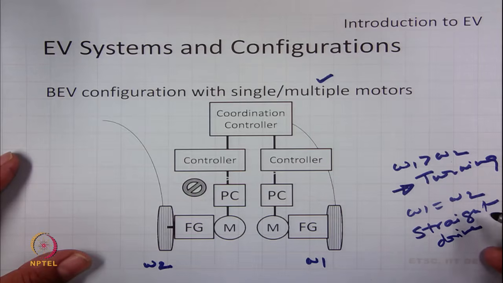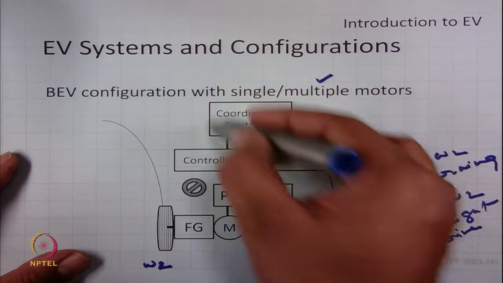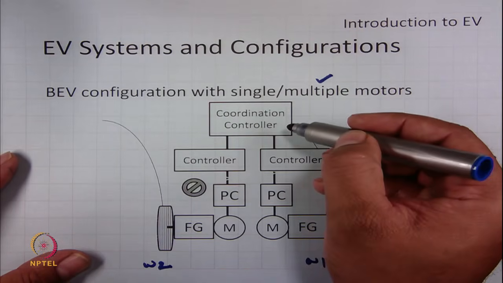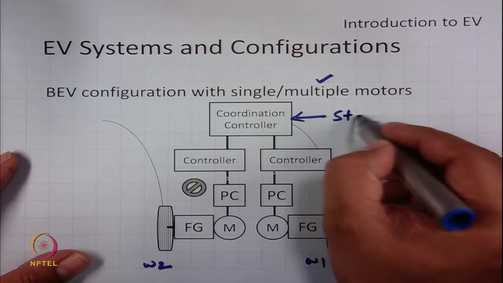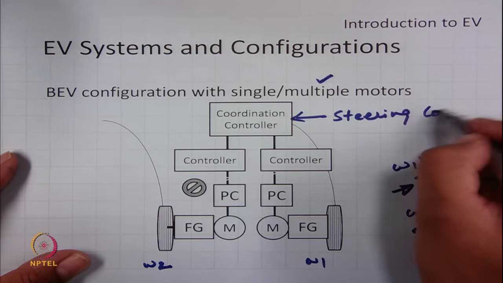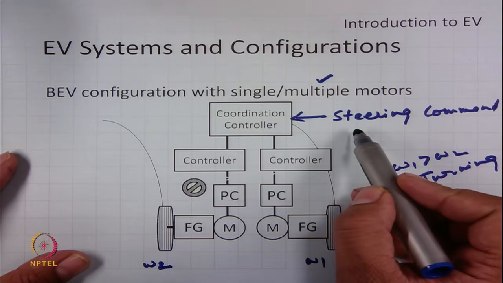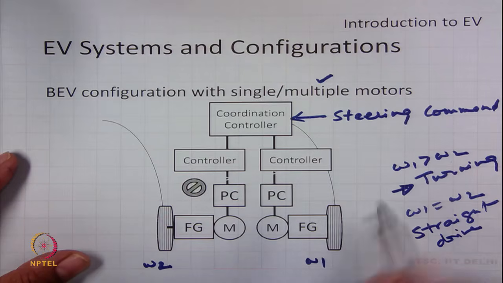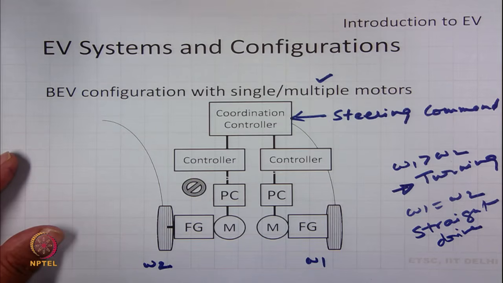So, we can see that these two motors cannot be operated alone. So, they have to be operated always in a coordinated way. Therefore, the controller of these motors has to have a common controller which is known as a coordination controller, which will keep looking for the steering command from the driver, and based on the turning operation, it tells the two motors to operate in such a way that this requirement can be enabled.